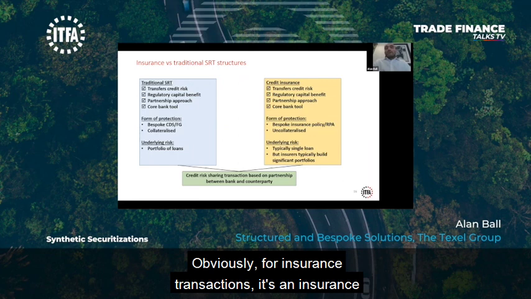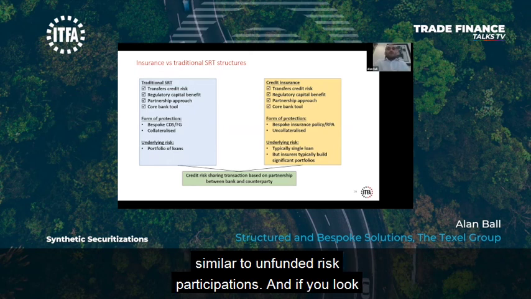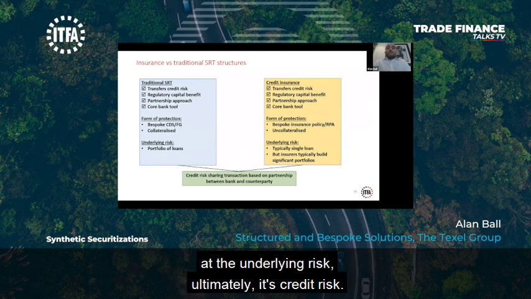Obviously, for an insurance transaction, it's an insurance policy. Some insurers have executed instruments that are similar to unfunded risk participations. And if you look at the underlying risk, ultimately it's credit risk.